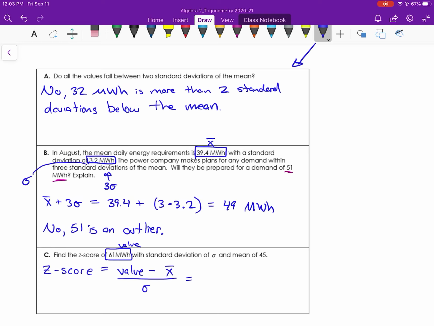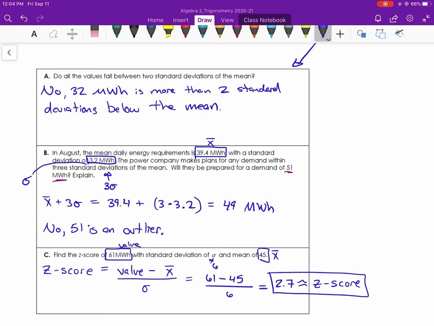The standard deviation is 6, rounded up from the data in example 4, and our mean is 45. So a value of 61 minus 45 divided by 6. Our z-score for this data is 2.7, which is approximately our z-score.